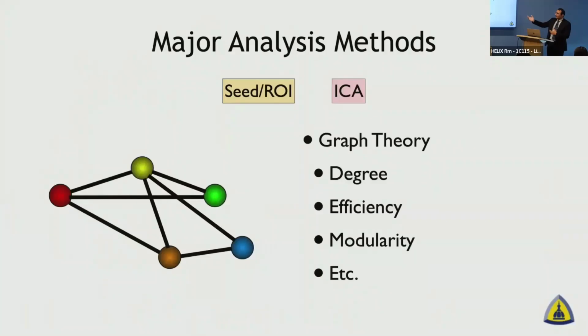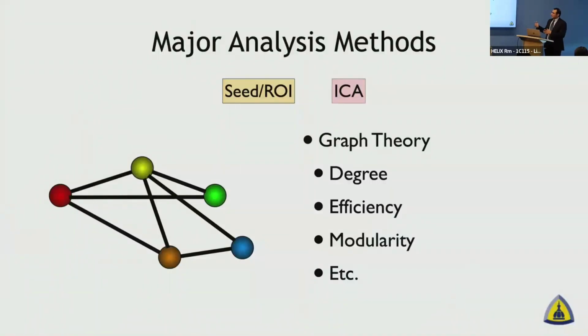For example, the degree is how many other ROIs each of those ROIs is connected to. So the yellow is connected to 4 other ROIs, the green is connected to 2, right? And I don't remember what the other ones were, but basically, if you take an average of the whole system, you can say the average degree is like 3 or 4 or whatever.